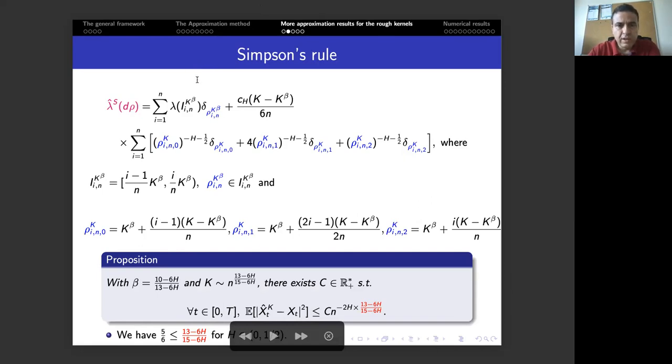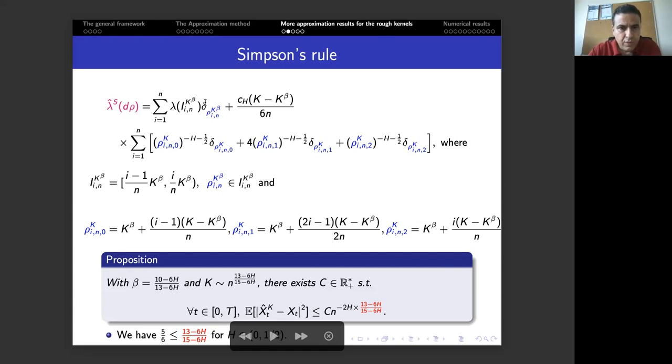We write 0 to k as 0 to k to the power beta, where beta is between 0 and 1, and k to the power beta to k. Then on the interval 0 to k to the power beta, we use the naive Riemann approximation, and on the interval k to the power beta to k, we use the Simpson rule with this multiplicative constant based on these 1, 2, 3 points, which can be computed explicitly.